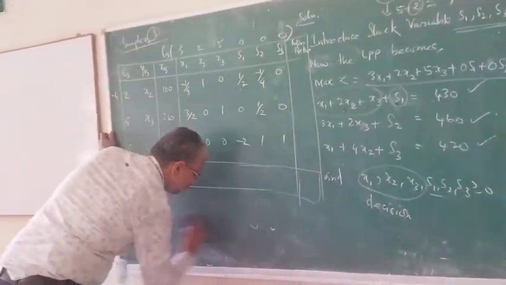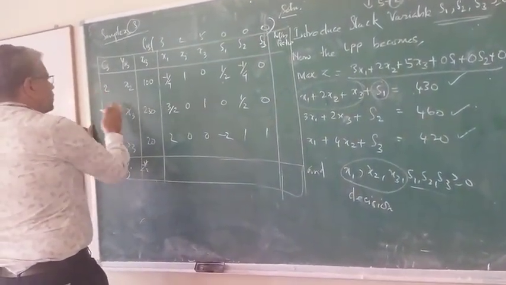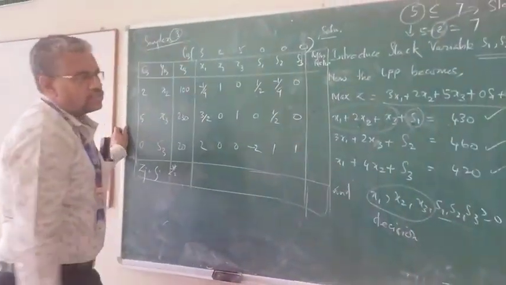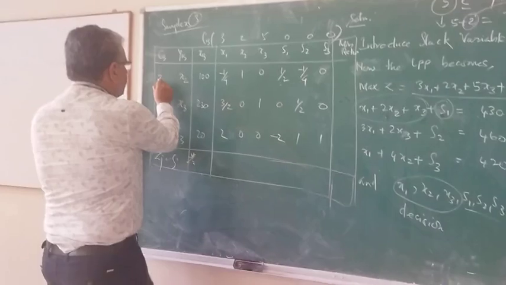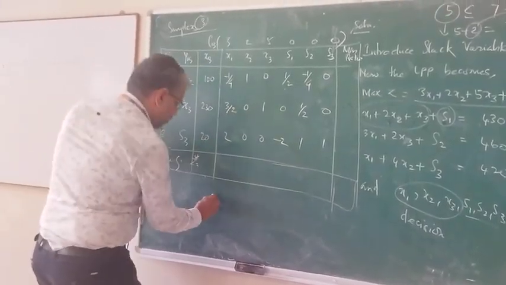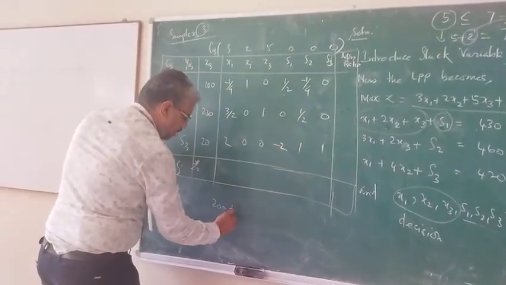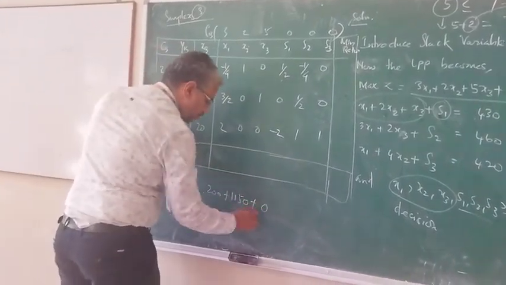Now I just use the same process we followed in simplex table 1 and 2. So multiply with the 2 into 100, 200. 5 into 230, 1150. 0 into 20, 0.